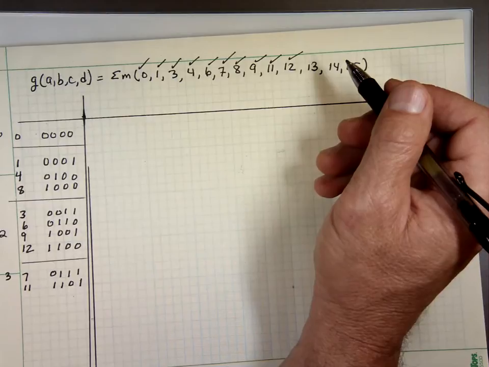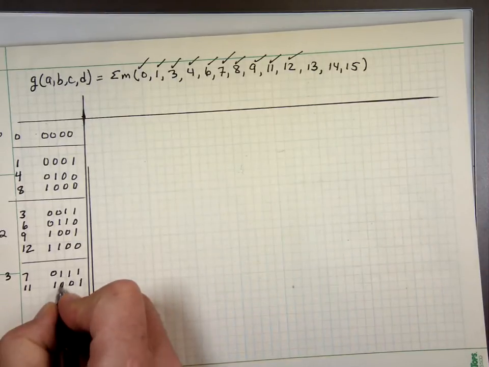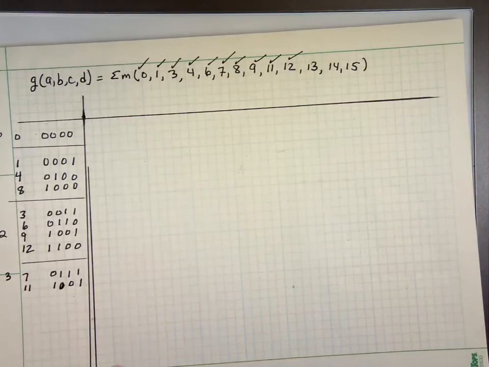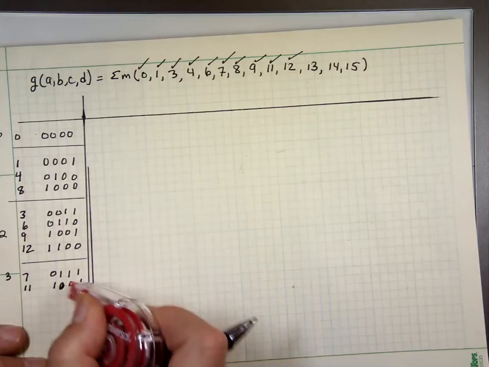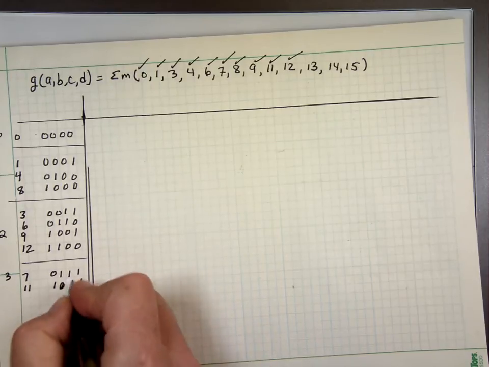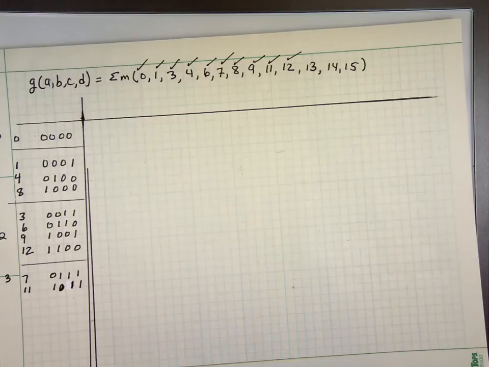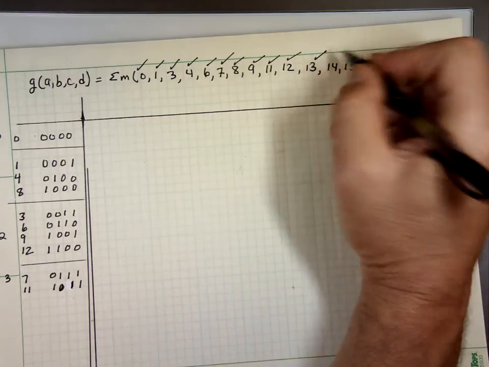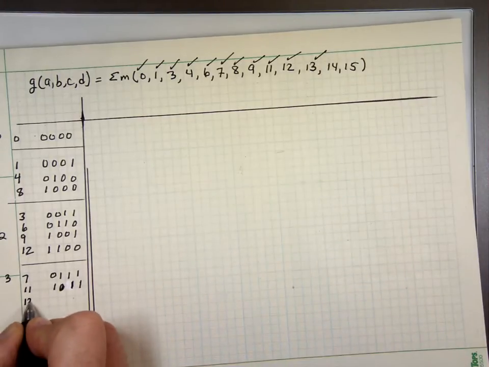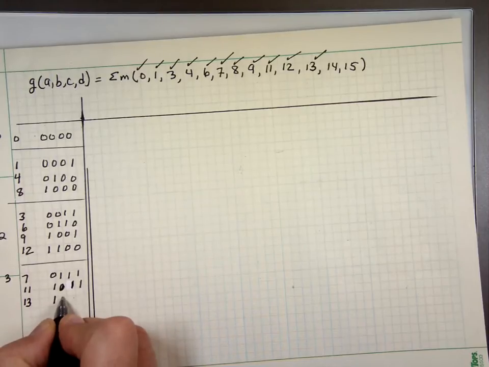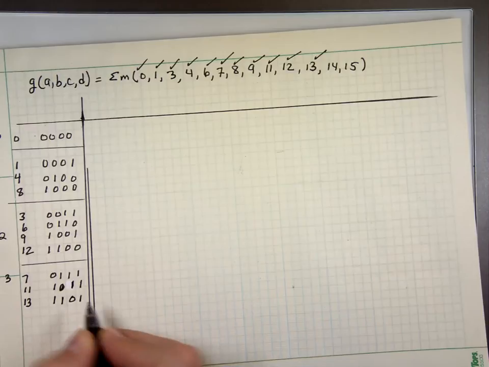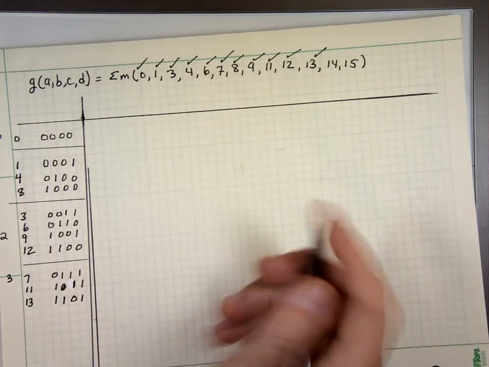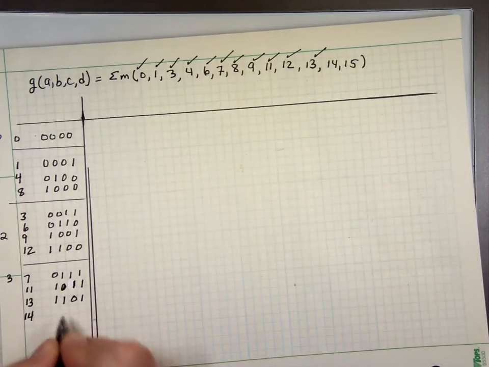So 8, 4 is 12, and 1 is 13. 14 is 8, 4, and 2.